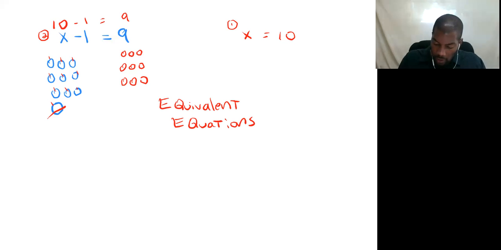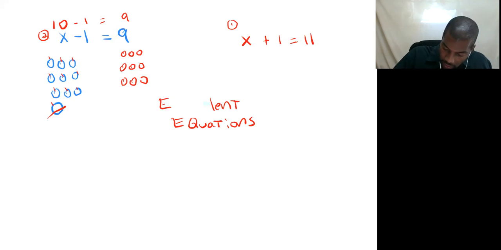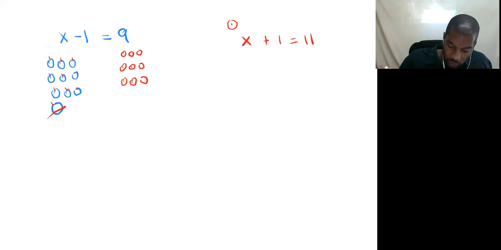Well, sure. Let's say there was another equation over here that was x plus 1 equals 11. Basically, what we're asking is, in both of these equations, are the variables the same? Are the variables equal?